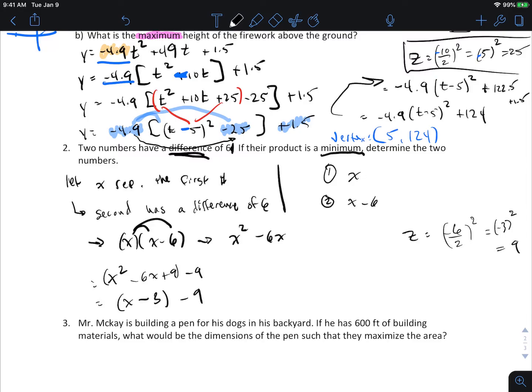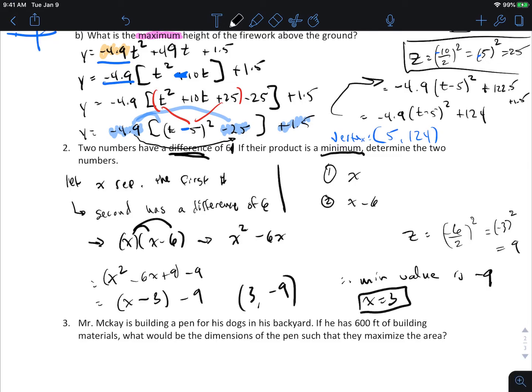So your vertex is going to be 3 and negative 9, right? Which simply means the actual minimum value is negative 9, which doesn't really make much sense, but I know that minimum occurs when x is equal to 3, right?